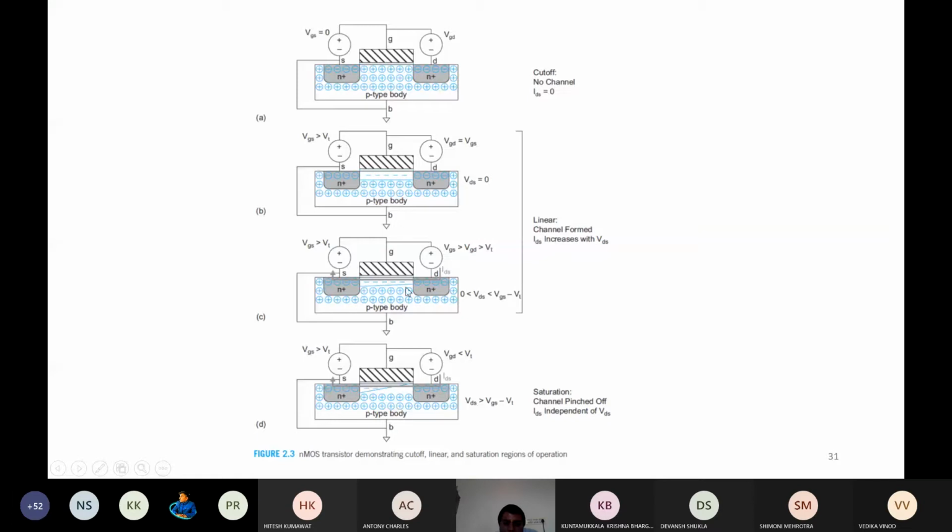Initially it was properly connected. Then as you increase the drain to source voltage, this effect happens, and it is saturated. You are increasing the drain to source voltage, but the current does not increase. A constant, saturated current is flowing. We will see that in more detail when we look at the IV characteristics.